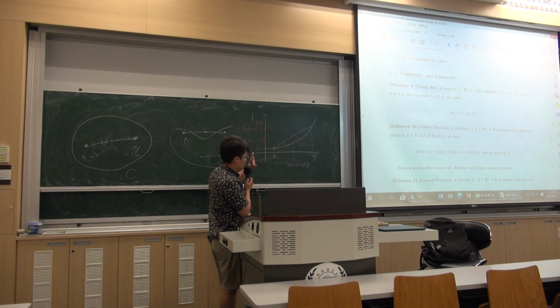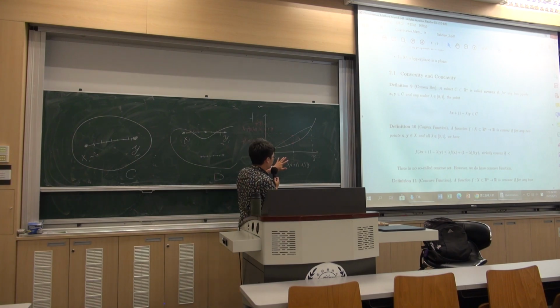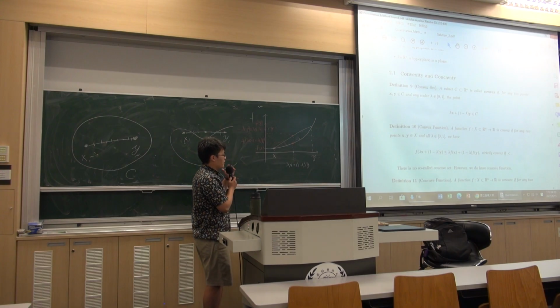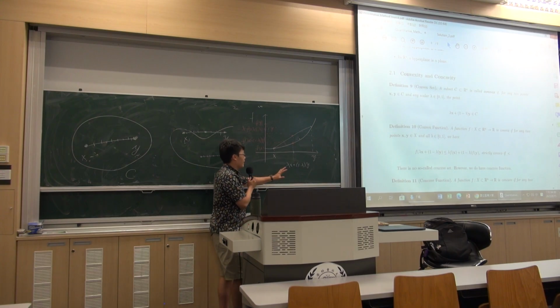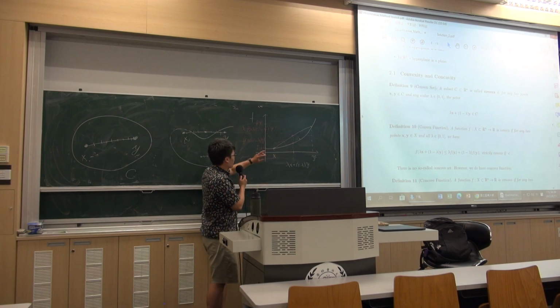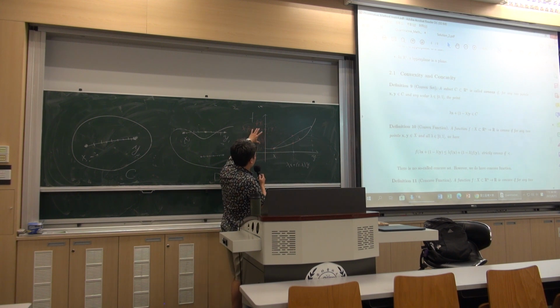We randomly, arbitrarily pick 2 points in the domain, x and y. Any linear combination between these 2 points in the domain, which is this interval, we compare the image of it. We also do the linear combination between the images f of x and f of y.